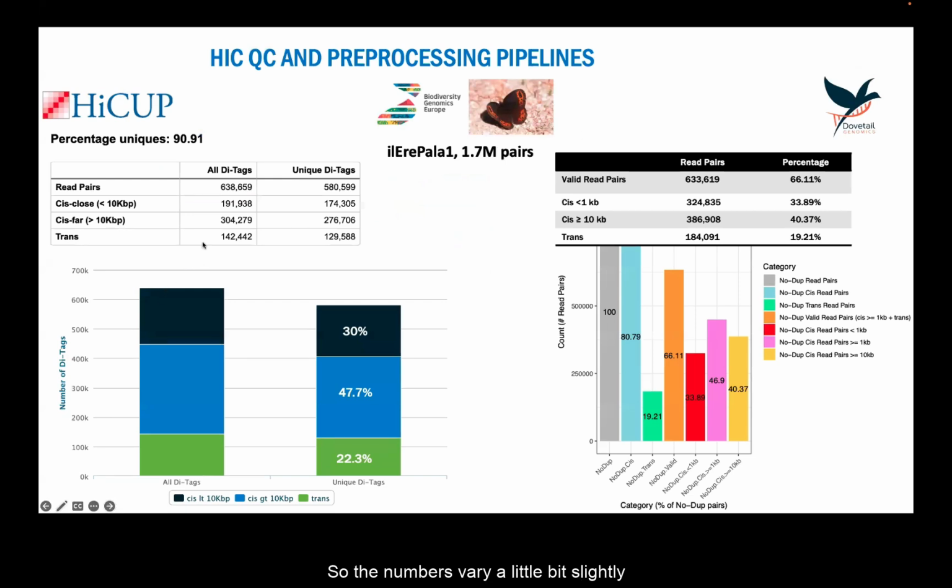So the numbers vary slightly between both pipelines due to different reasons, mapping thresholds, etc. What you see is that the global picture is normally very similar. Like in this case, we have 30% sort Cs. In this case, we have 33.89%.